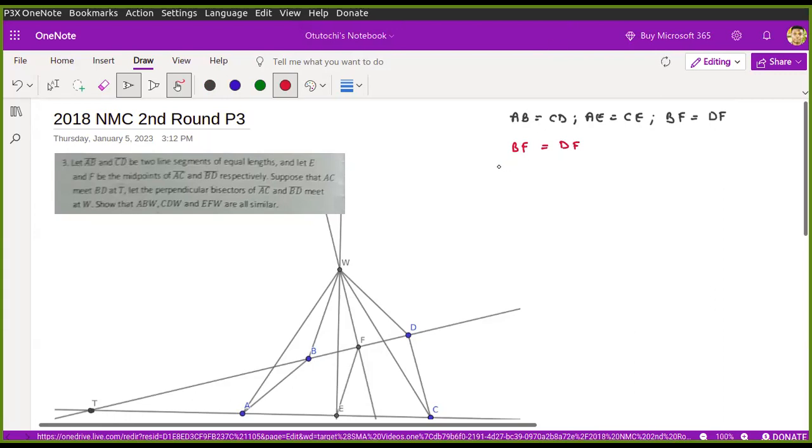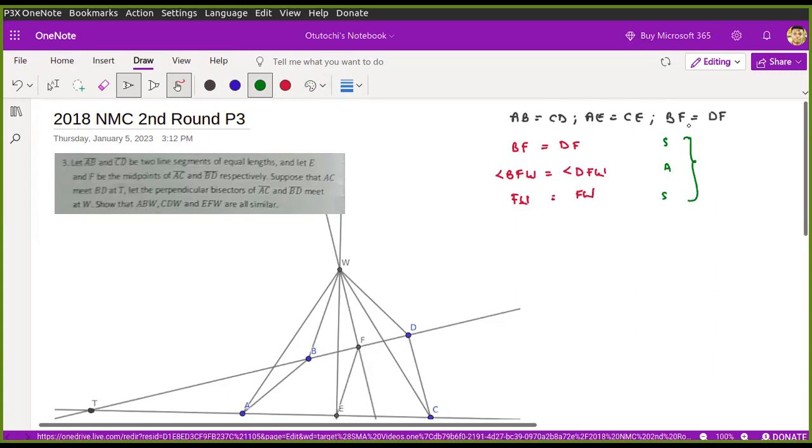We also have that angle BFW is equal to angle DFW, since they are both right angles, because it's a perpendicular bisector. And then, of course, FW is equal to FW, since it's the same line. Now, this is perfectly enough for us to establish a congruence using the side-angle-side postulate.